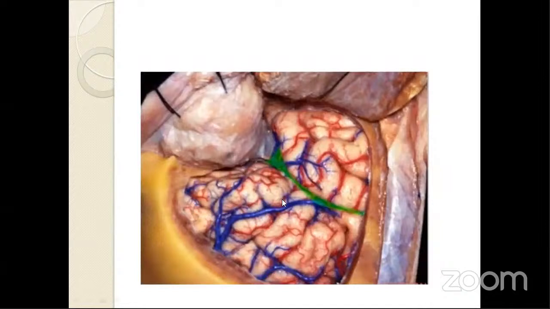So the area that is colored green in this image, what is this? Dr. Osman is saying that this is the Sylvian fissure. Yes, sir. Dr. Osman is right. This one was easy.